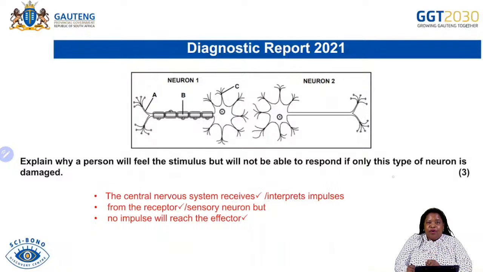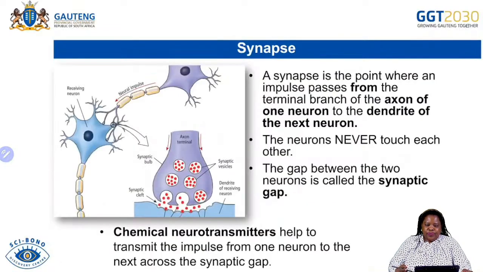So if one of the neurons is damaged, no impulses will be transmitted. If the sensory neuron is damaged, or the motor neuron is damaged, or you don't have an interneuron to connect the two, what will happen? No impulse will reach the effector. That is for 3 marks.